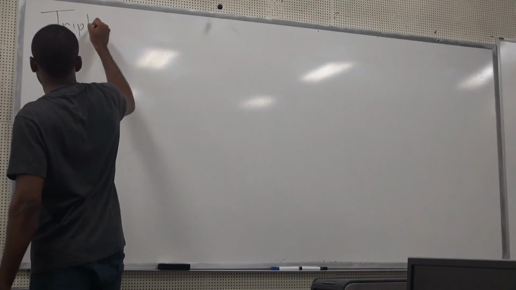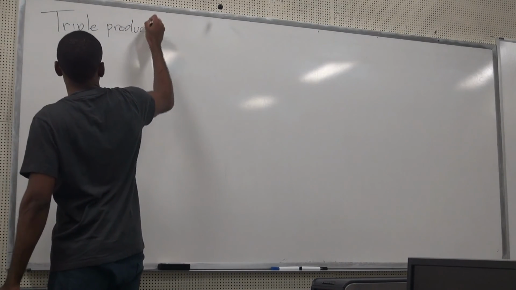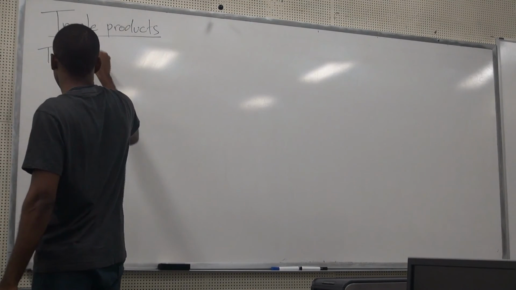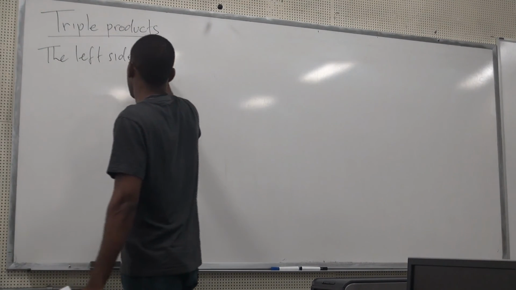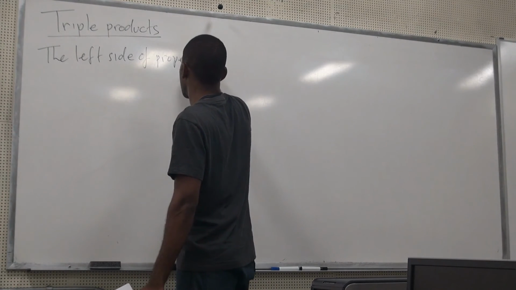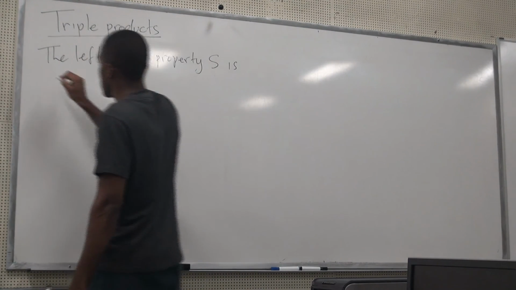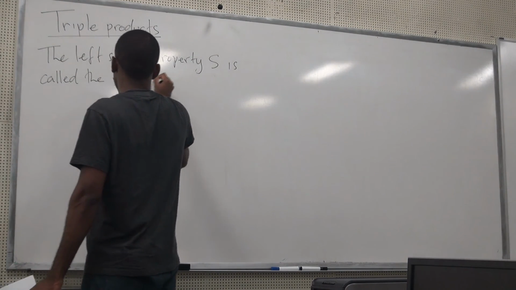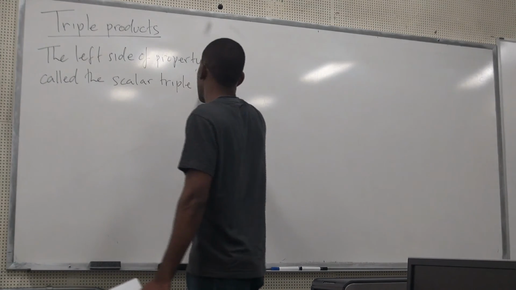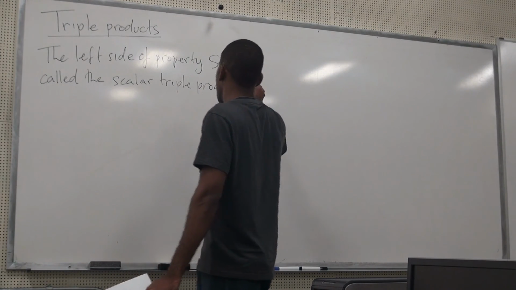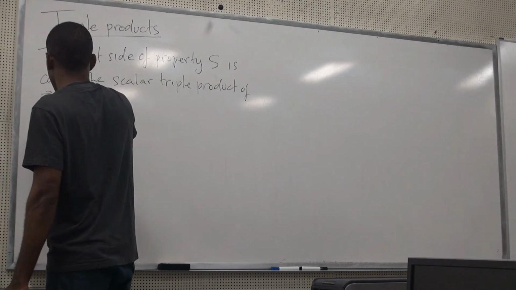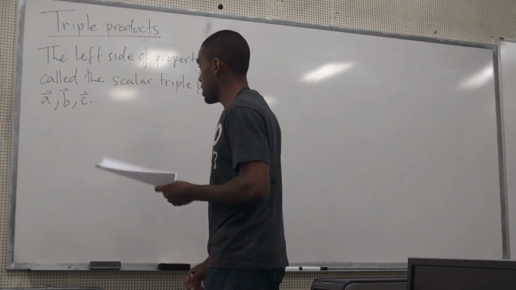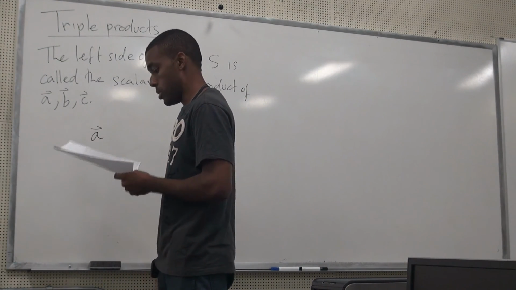What I want to mention here is triple products. This is the left side of property 5, is called the scalar triple product of A, B, C. You could actually define it in a nice way using determinants.